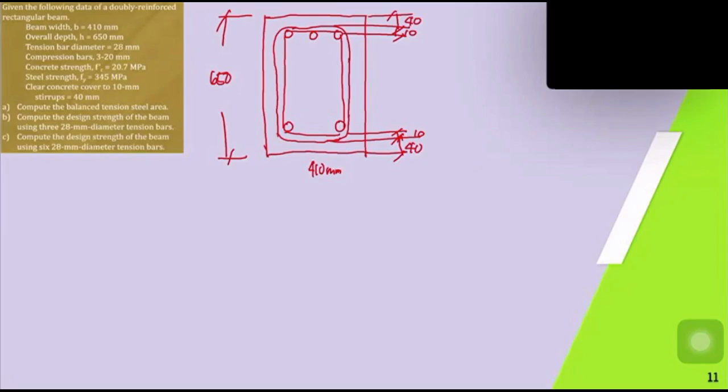So for a doubly reinforced beam, there is steel holding on the compression side. If this is your neutral axis, our diagram will now become: this is the effective depth from the centroid of the tension side.